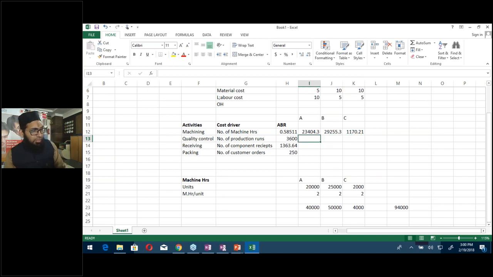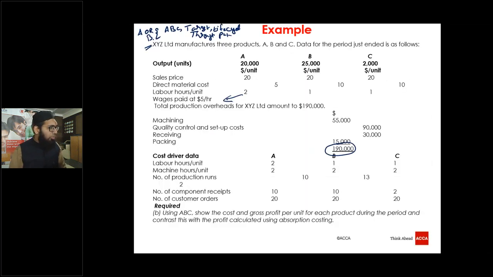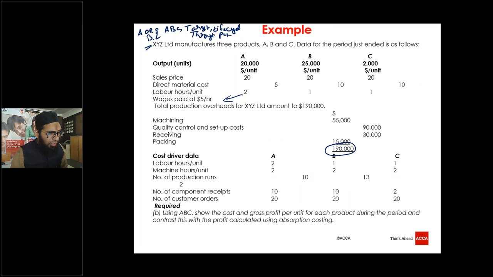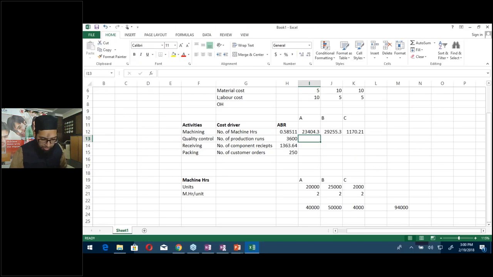similarly, we can calculate it for quality control cost. Now, the quality control cost is how much? Sorry, it is 3,600. And the production runs were 10, 13, and 2. So it will be 10 multiplied by the rate, 13 multiplied by the rate, and 2 multiplied by the ABR of quality control, and these will be the answers.